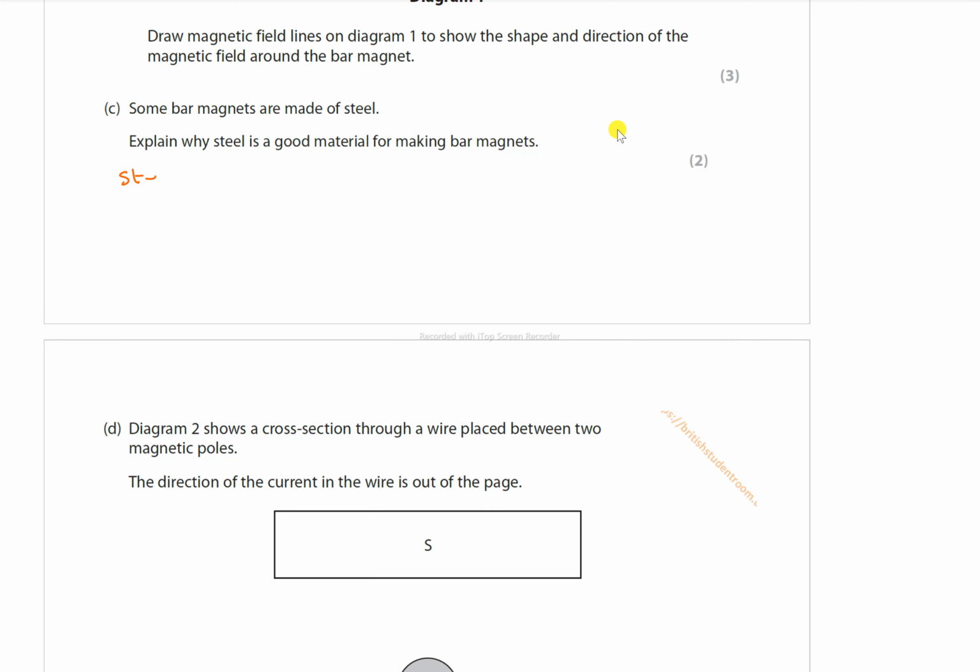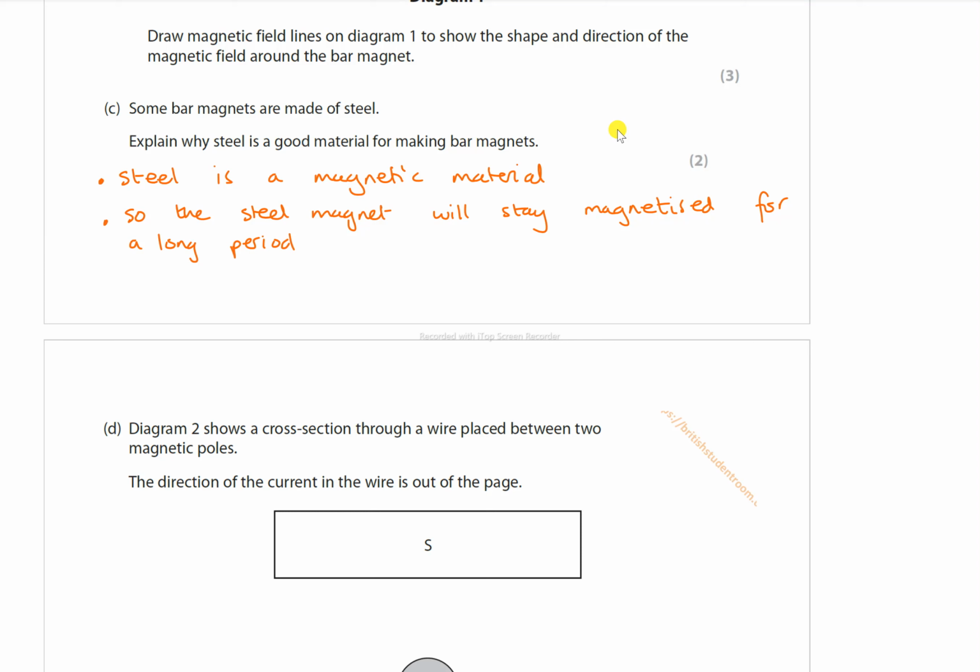So, steel is a magnetic material, so the steel magnet will stay magnetized for a long period.